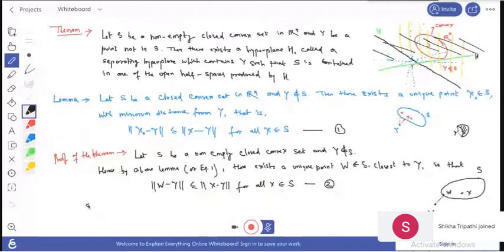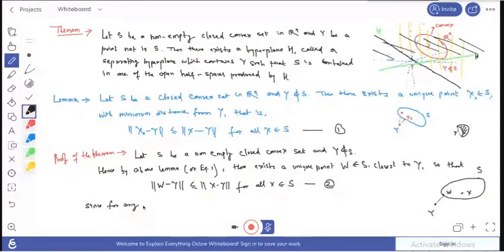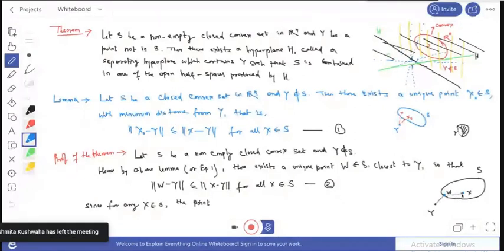Since for any x that belongs to the convex set, if we take the convex combination of these two points, this is your point w, and this is an arbitrary point x of the set. This convex combination of these two points lies on the line joining them.